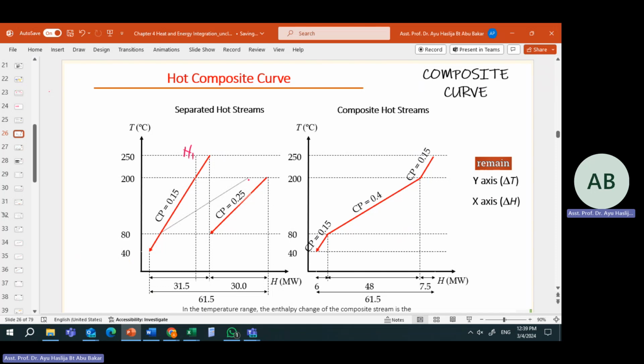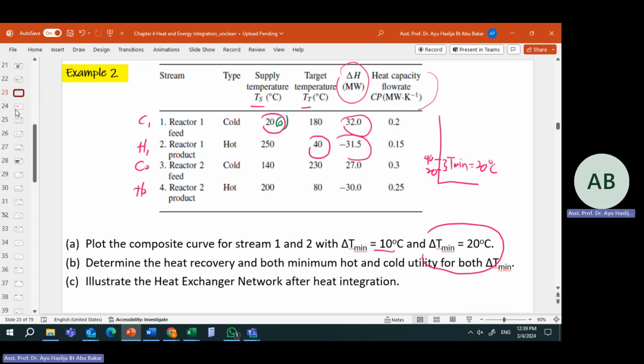They combine and are plotted on the graph paper. Let me copy and paste the table over here.